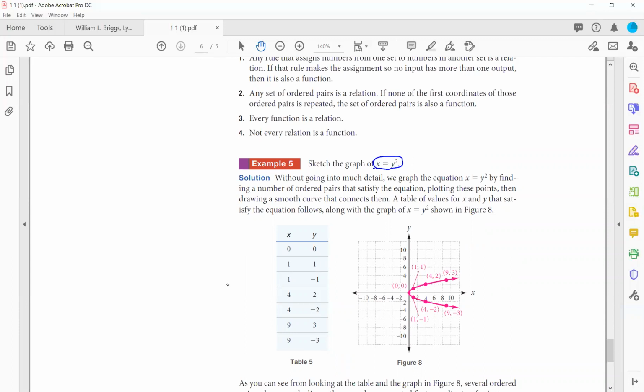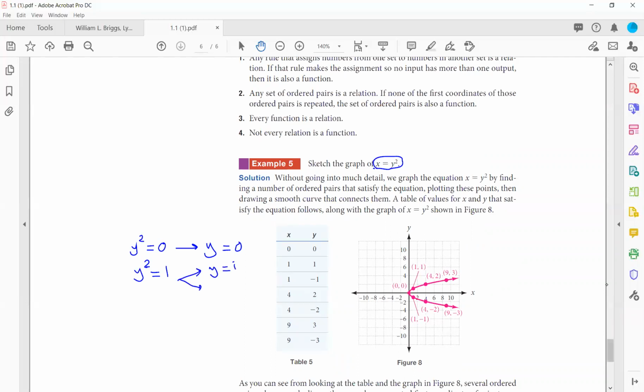When x is equal to 0, y squared is equal to 0. It means that y has only one choice, 0. Suppose x is 1, so y squared is equal to 1. Here you have two choices for your y.